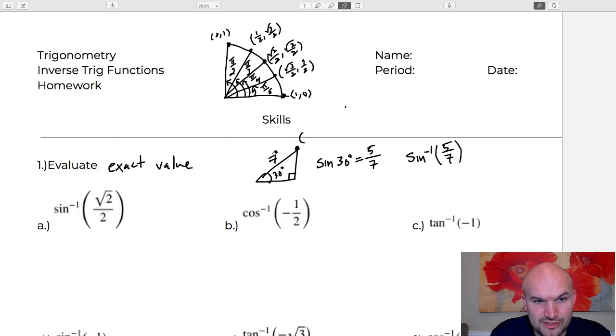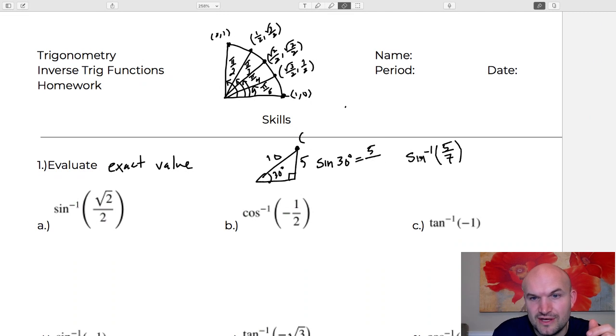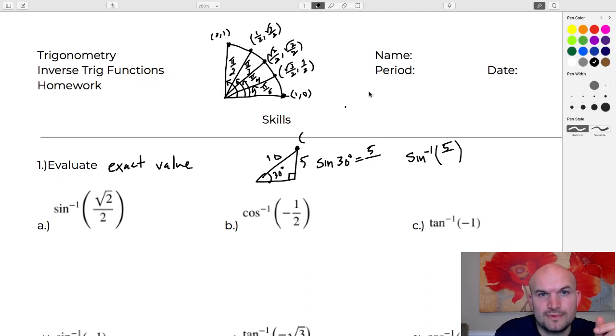Let's just do 5 and 10, because at least those are the correct values. So now when I'm taking the sine inverse of 5 over 10, what we're looking for is the angle that it gives us. And obviously we know that in this example it's going to be 30 degrees.